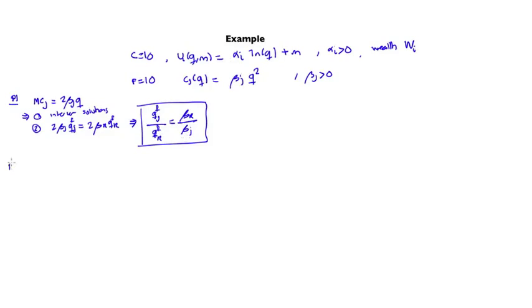Now let's look at the implication for property 2, which is analogous with respect to the marginal benefits. Notice that the marginal benefit for any consumer here is just α_i divided by q, and that marginal benefit is infinity when q goes to 0. So that implies again that we're going to get interior solutions, and second, that α_i over q_i^c has to be equal to α_j over q_j^c.